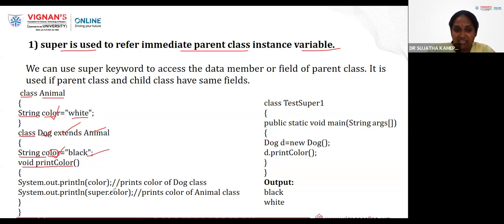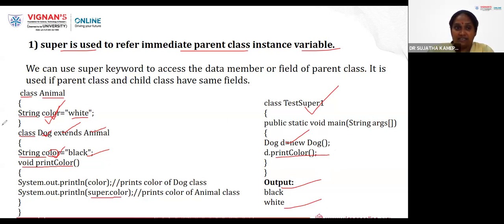Now, if I write simply color, it takes the color variable from this class. So how to access the superclass color? We can use the keyword super.color, right? And here this is my main method class, and this is an object of my subclass. Now I call the print method with my subclass, which prints both statements, black and white, right?